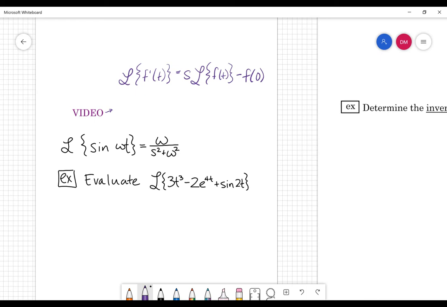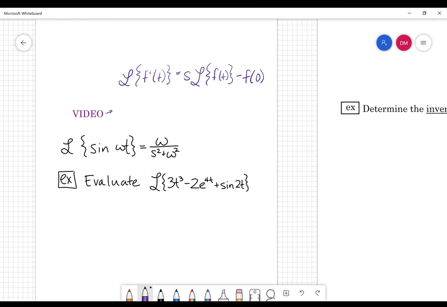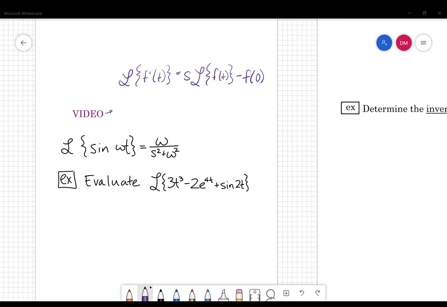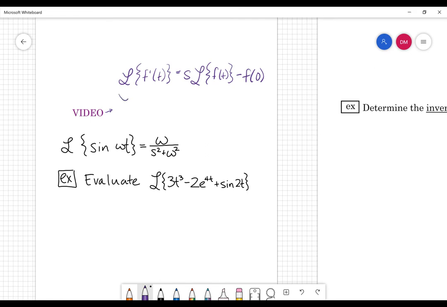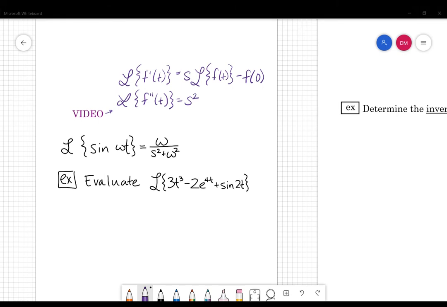The other thing it covers is the second derivative, because we do some second derivative systems here. So the Laplace of f double prime of t is equal to s squared, and he derives this in the video, so you can watch this.